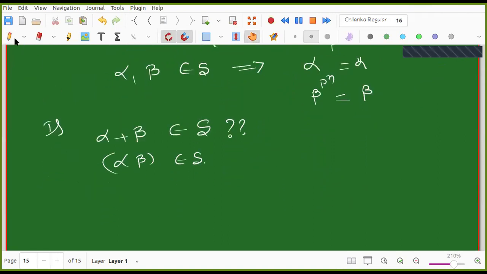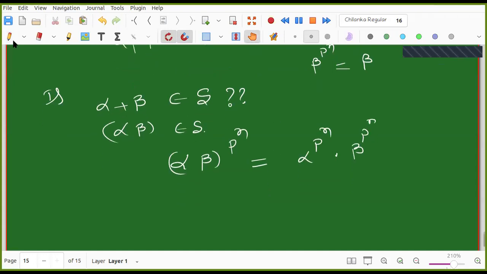So let us go slowly. First of all, this part is okay. (alpha beta)^(p^n) is equal to how much? This part is very easy. It is equal to alpha^(p^n) times beta^(p^n), because in a field multiplication is commutative. So please try to understand here.